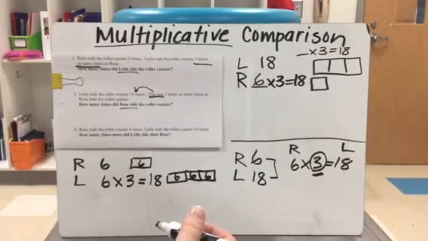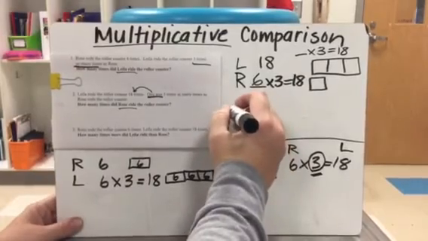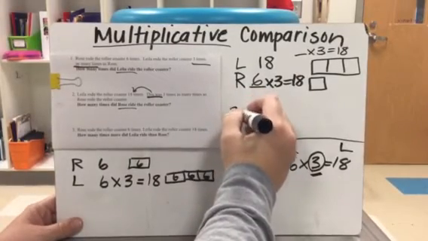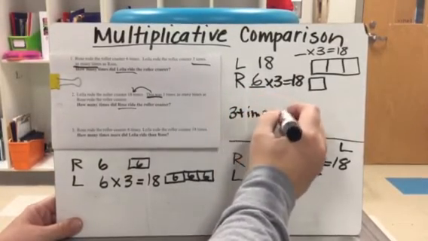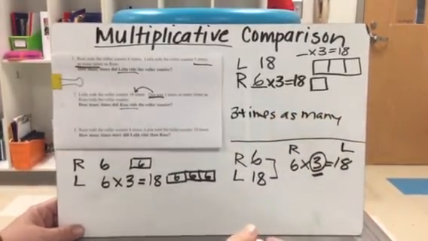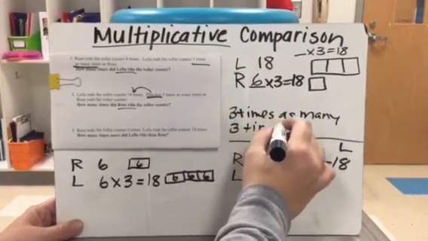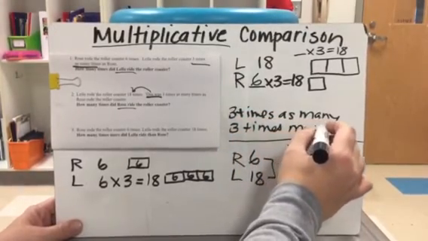Also, I just really want to quickly talk to you about words you might see, such as 3 times as many or 3 times more.